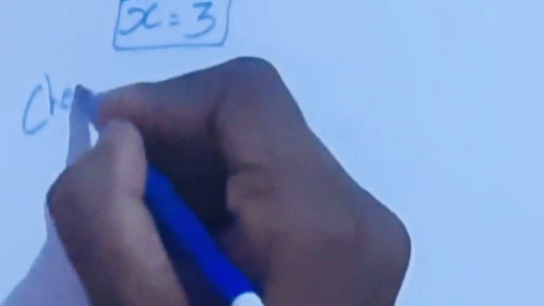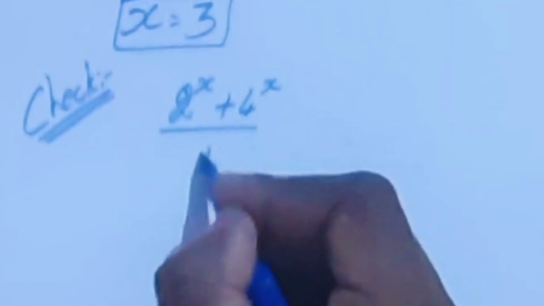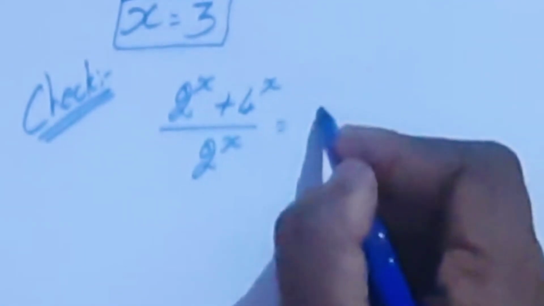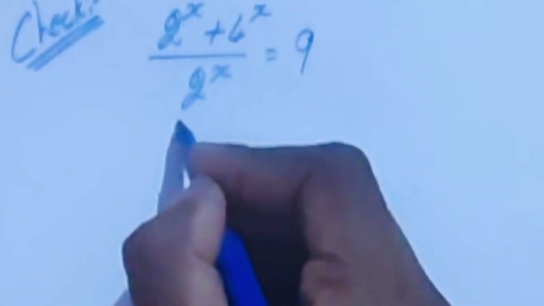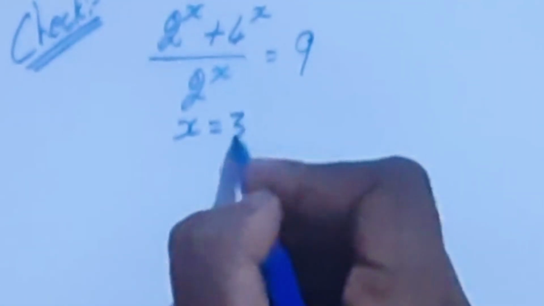Now we are going to verify this. Check this x value in the given equation, that 2 power x plus 4 power x by 2 power x equal to 9. Here we are going to apply this, x equal to 3.